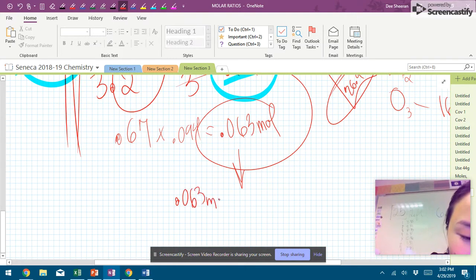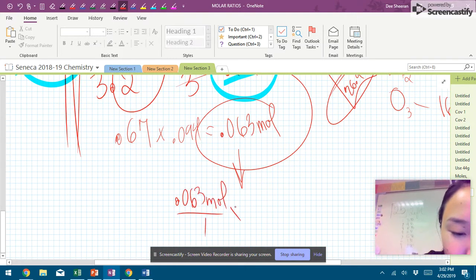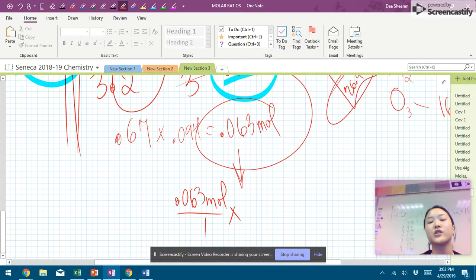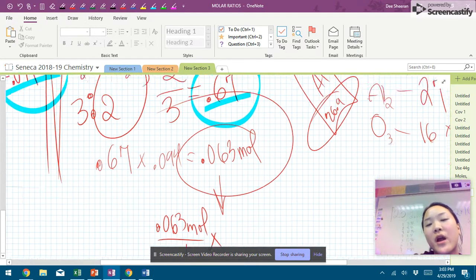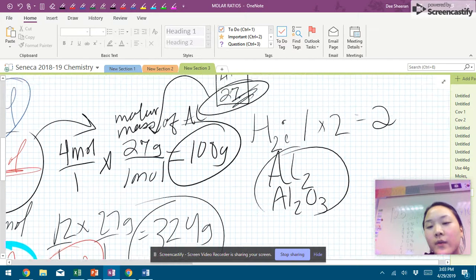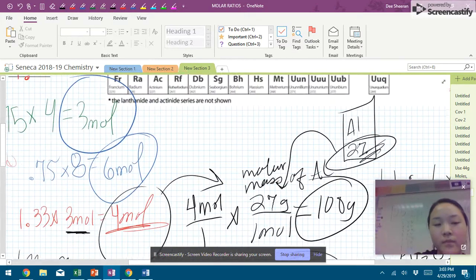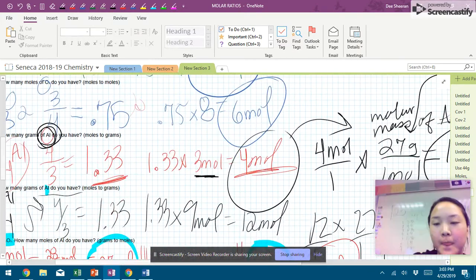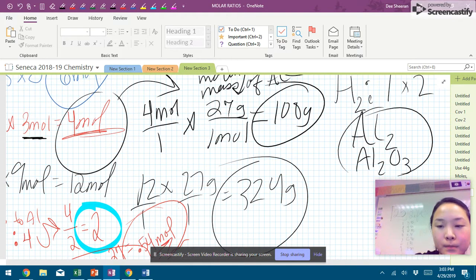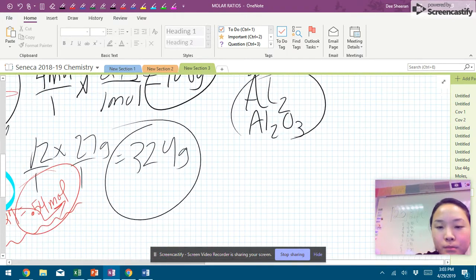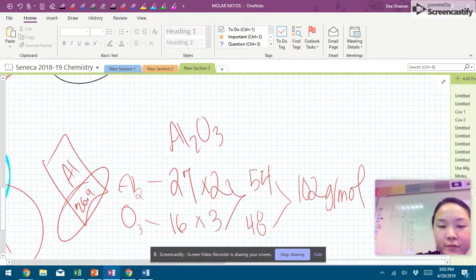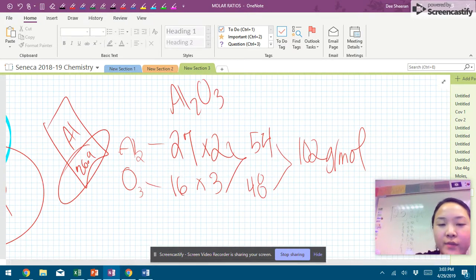So now we're going to take 0.063 moles over 1 multiplied by the molar mass of Al2O3. If you want to remember how we did that, let me go over here. Oh, here it is. So Al2O3, this is how we found the molar mass.